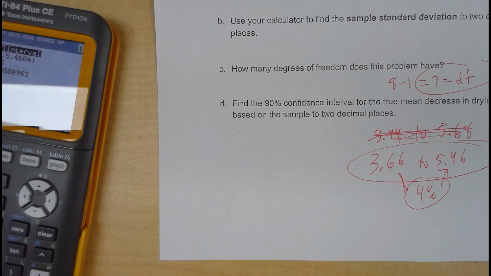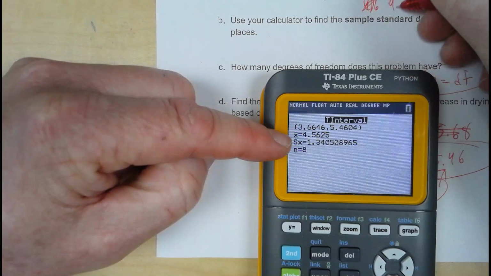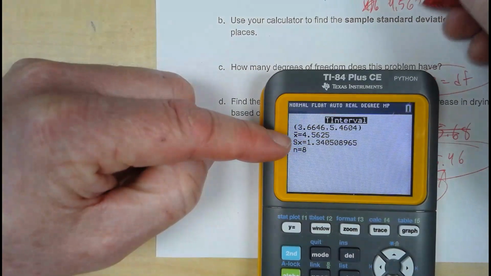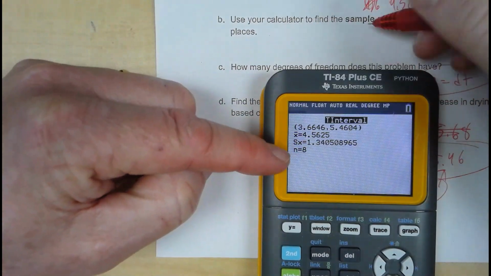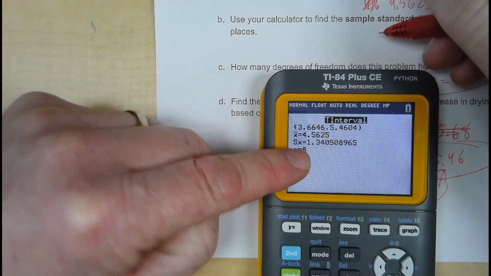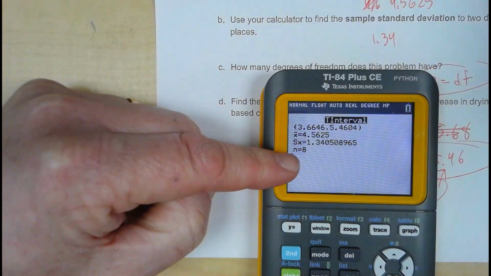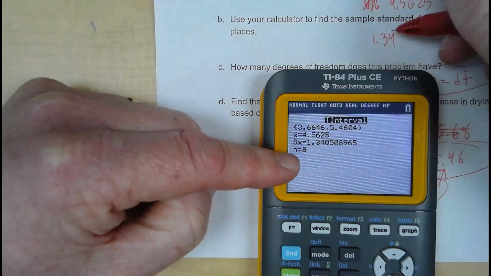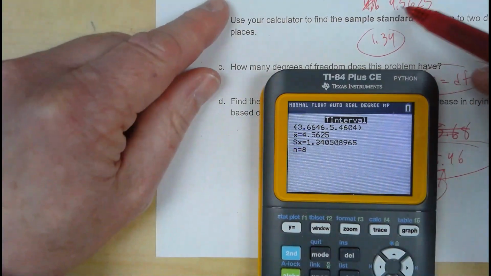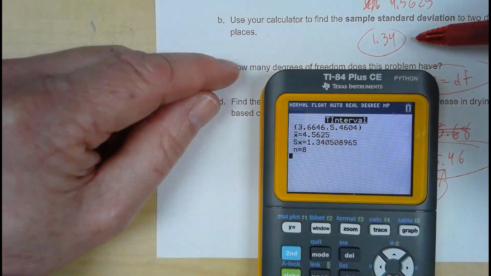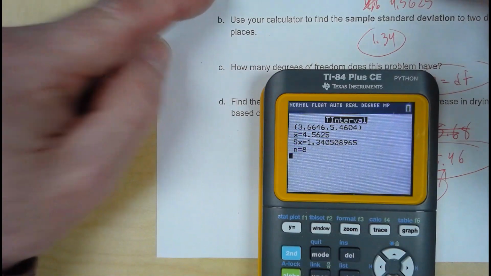Answers for free, so it's going to be 4.5625, and the standard deviation, your sample standard deviation Sx, is 1.34. So this number here is the average of all those, and then this is the sample standard deviation of those numbers.